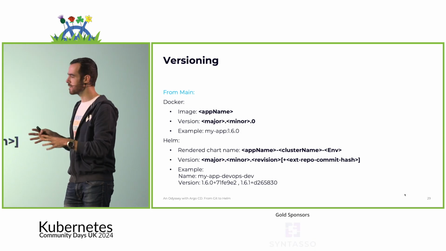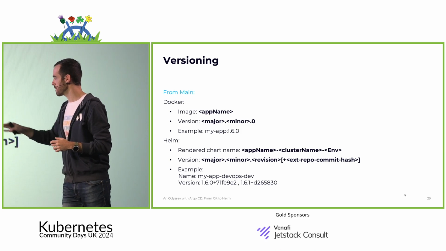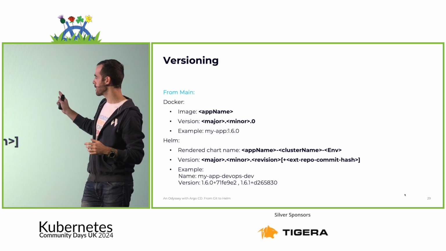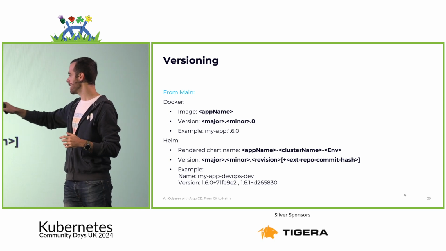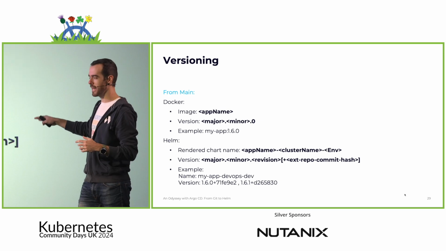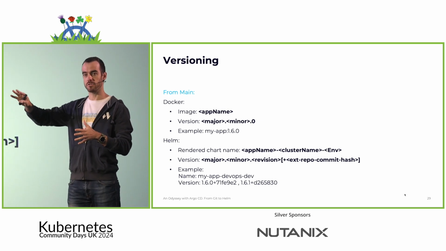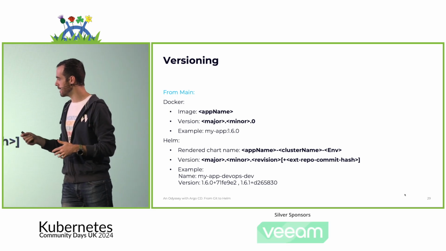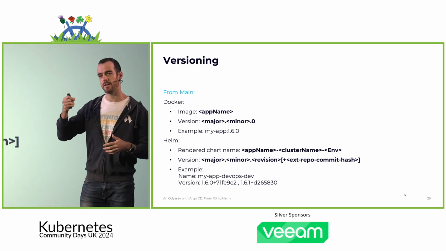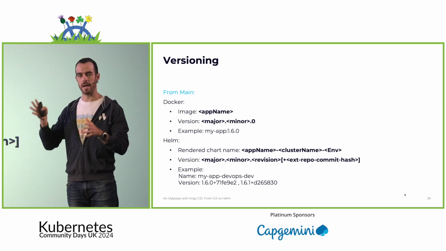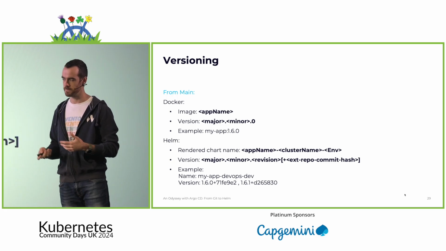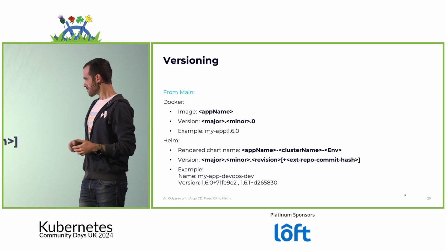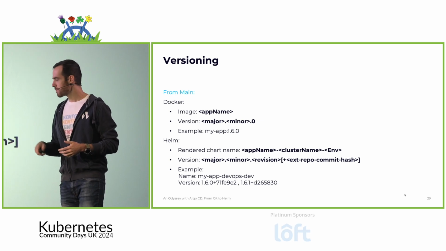We don't use it. And then in the Helm chart, we append as build metadata the commit hash of that external repository Farah mentioned. And also the revision part increments with every deployment of that major minor version. Why do we do this?